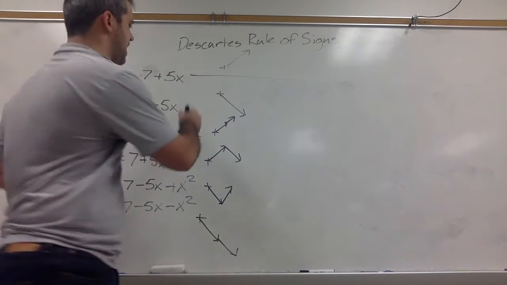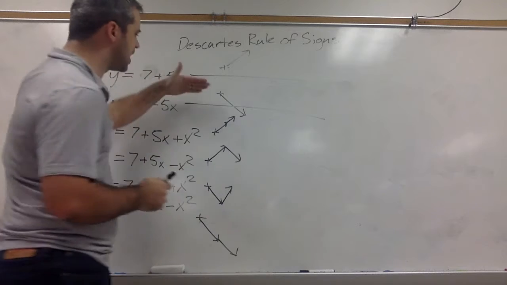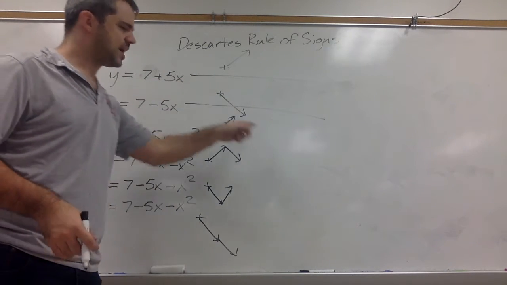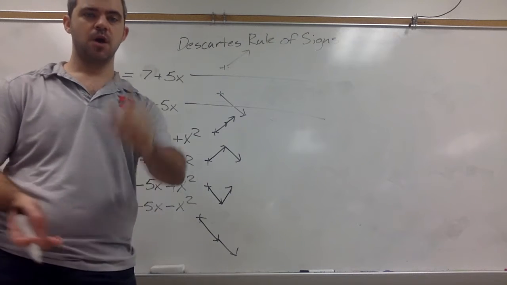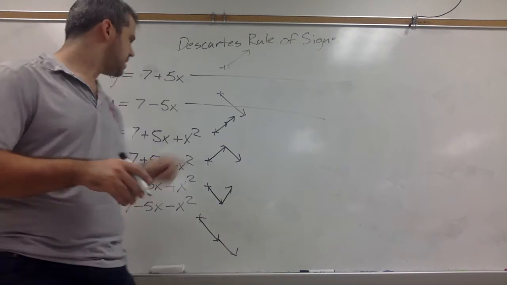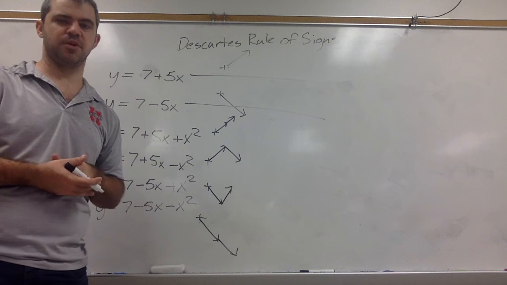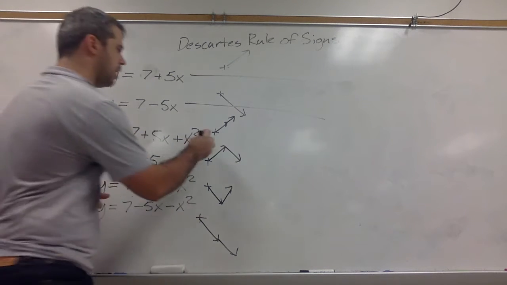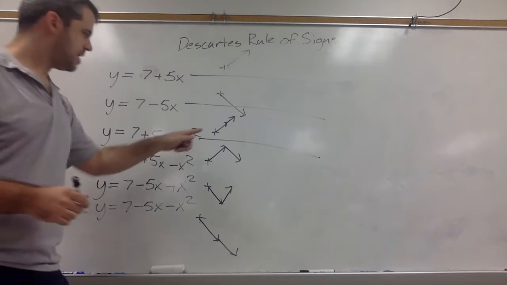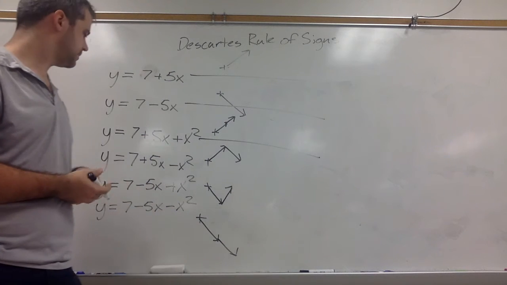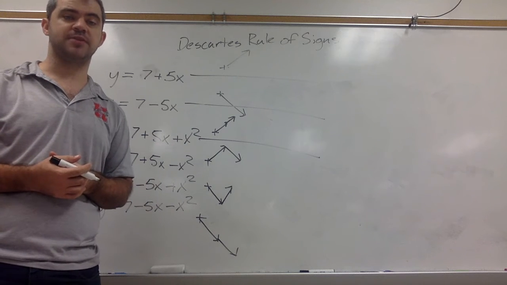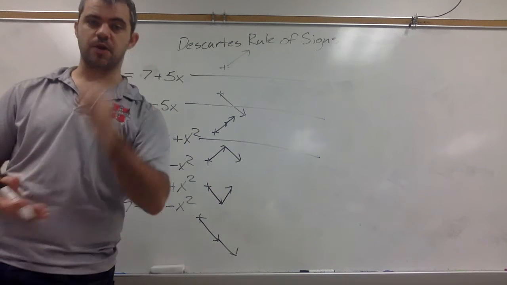7 minus 5x. Again, let me draw my x-axis. I know it's below here because it's a positive value. So how many times is this going to cross? 1 time. The same as my number of sign changes. Well, what about this guy? Well, again, here's my x-axis. And this guy keeps going positive because it just was all positive. How many times is this going to cross the x-axis? 0 times.